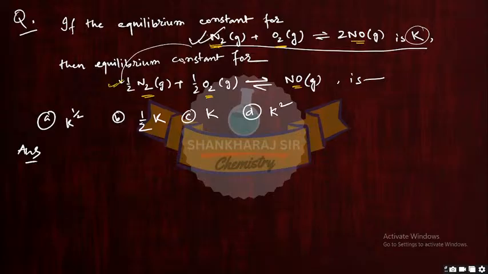Whenever we divide by 2, the K becomes K to the power half. So obviously this will be the answer, which is option A. This question came in NEET 2015.